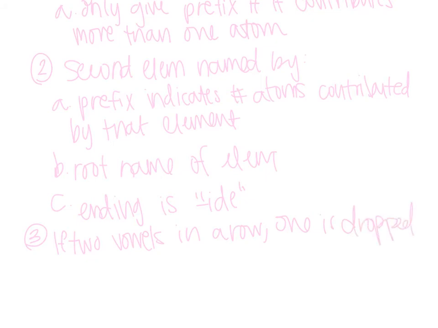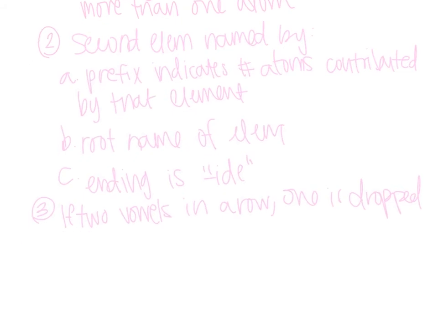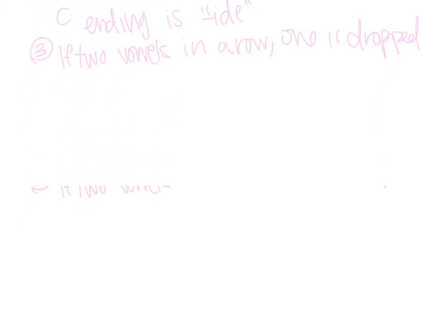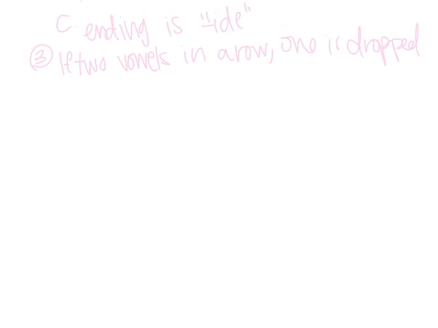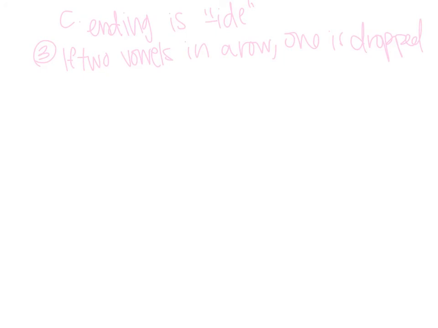Okay, so let's do some examples of these, and we will do plenty of examples on our papers, but we'll do some examples here so that you really know what you're doing. So the first example is P4O10.